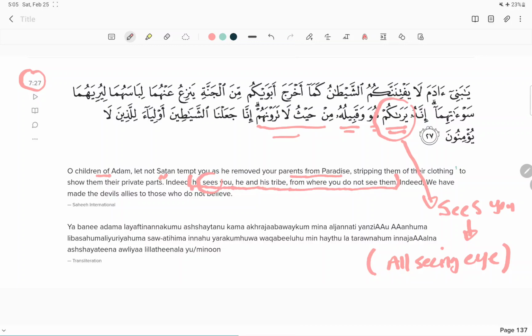So 7:27 is actually explaining that portion of that satanic symbol to us, and that is referring to Iblis and his devils, that they see us while we don't see them, hence the all-seeing eye. And it is an ancient symbol that has existed from Egyptian times, as I mentioned before.